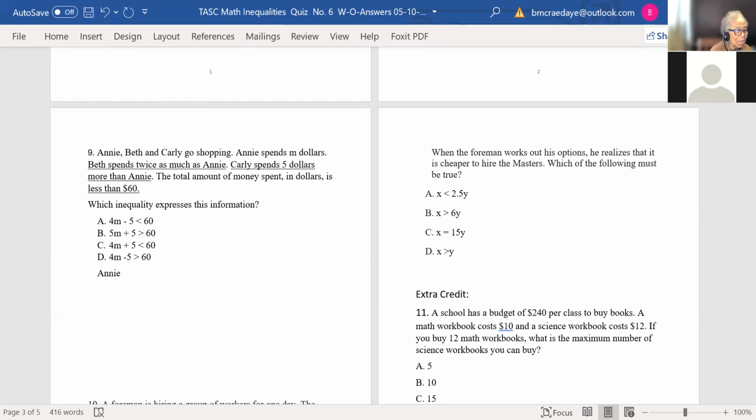I put she had twice as much money as Annie. Right? Beth spent twice as much money as Annie. Annie spent $M, right? So Annie equals M. What did you put for Beth?